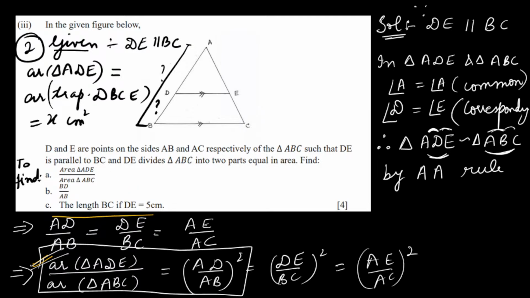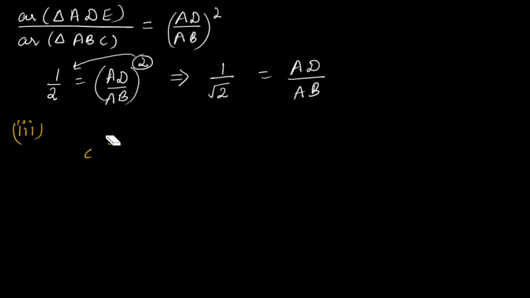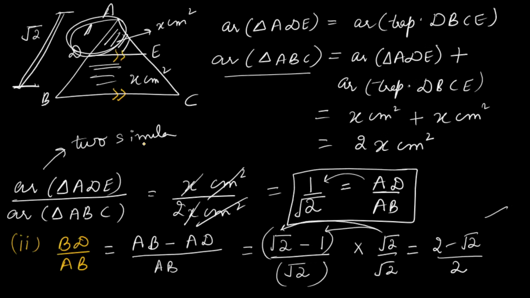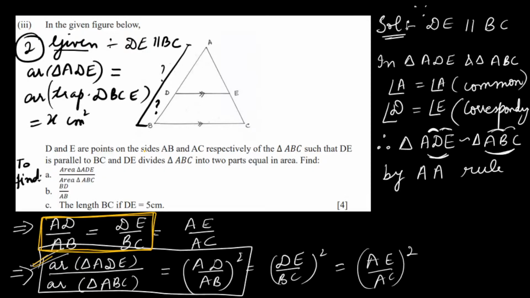So the first two ratios we can use, because we know the value of AD by AB. AD by AB is equal to DE by BC.